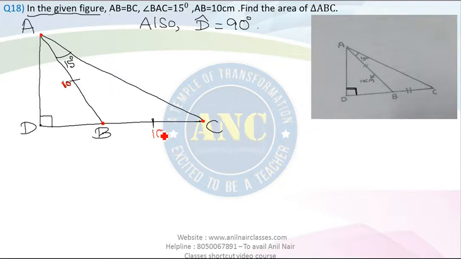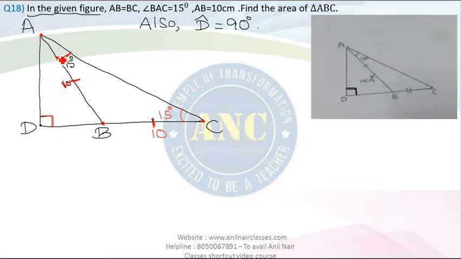We can use the area of an isosceles triangle. That is one of the ways of solving. But opposite to angle A, which is 15 degrees, the side is 10. So opposite to side 10, this also should be 15 degrees. That means angle C is also 15 degrees.